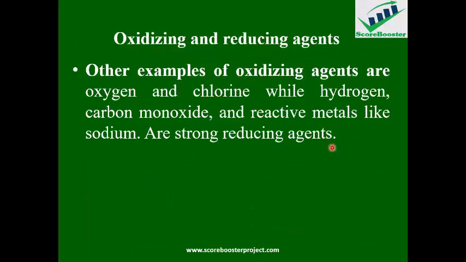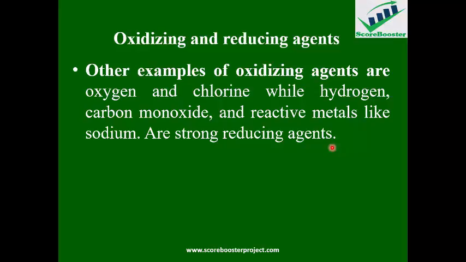Other examples of oxidizing and reducing agents are these. For oxidizing agents, oxygen and chlorine are always oxidizing agents because they are electronegative elements, although they are not as complex as potassium permanganate, potassium dichromate and hydrogen peroxide.